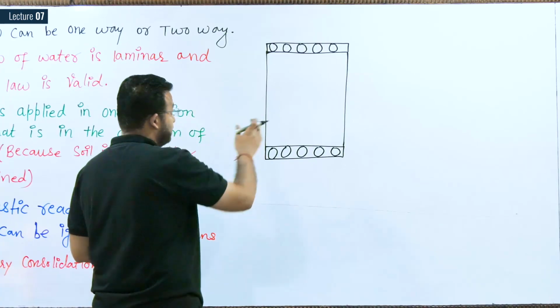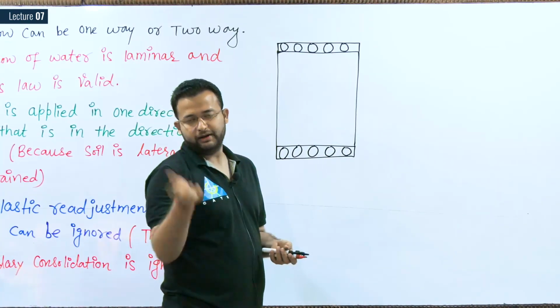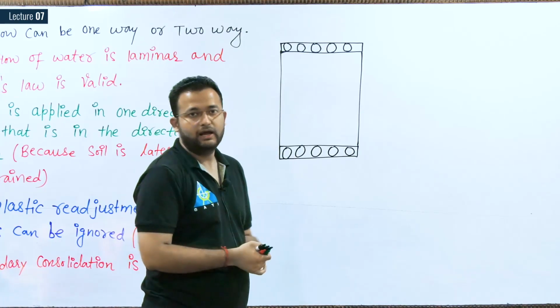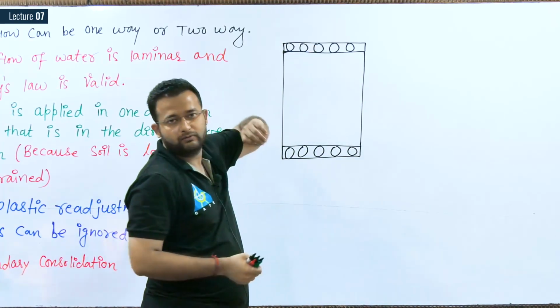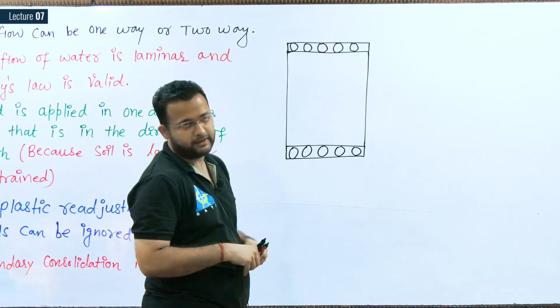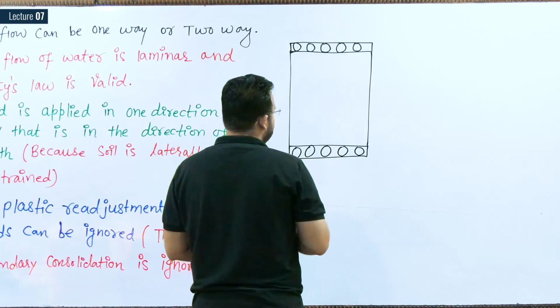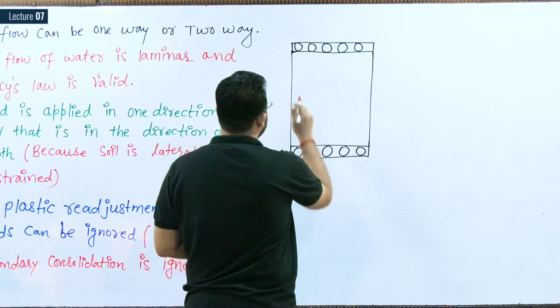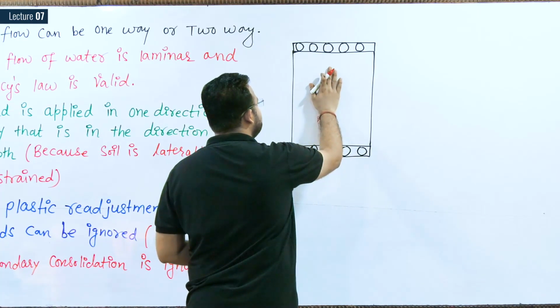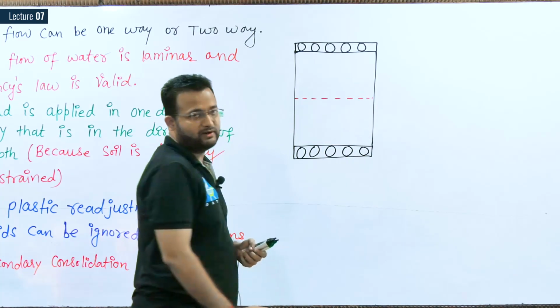Now we have filled the soil in the hollow ring, and from the top we kept one porous plate and at the bottom we kept one porous plate. The soil filled in this mold is completely saturated, all the voids are filled with water.